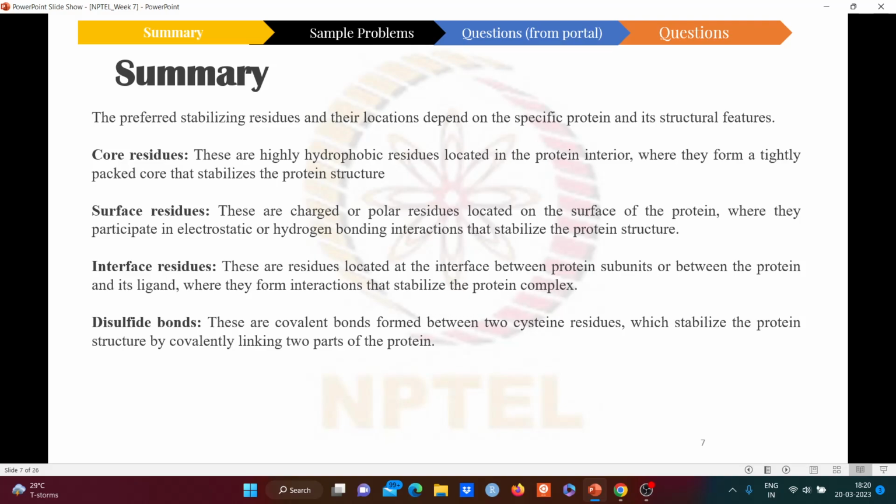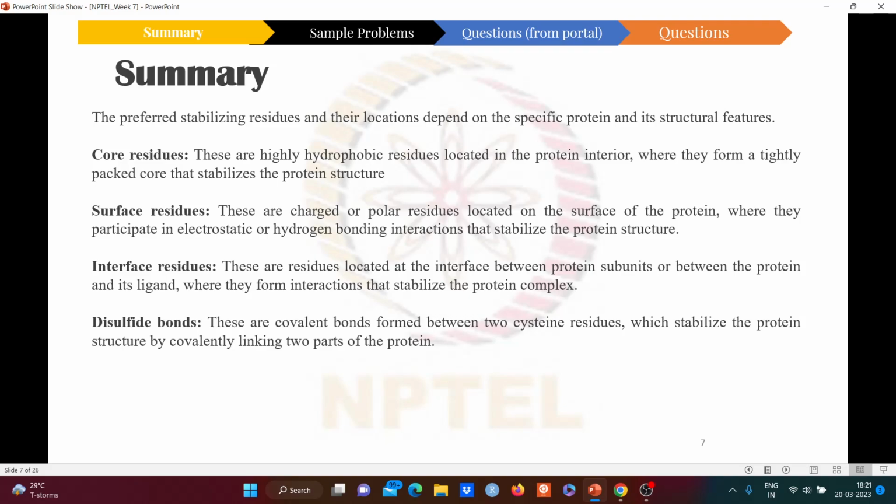These interface residues can be predicted using methods such as contact prediction or interface conservation analysis. Even if we know the complex structure, these interface residues can be predicted by comparing the accessible surface area and distance-based methods as well, which during the course we will be learning as well.